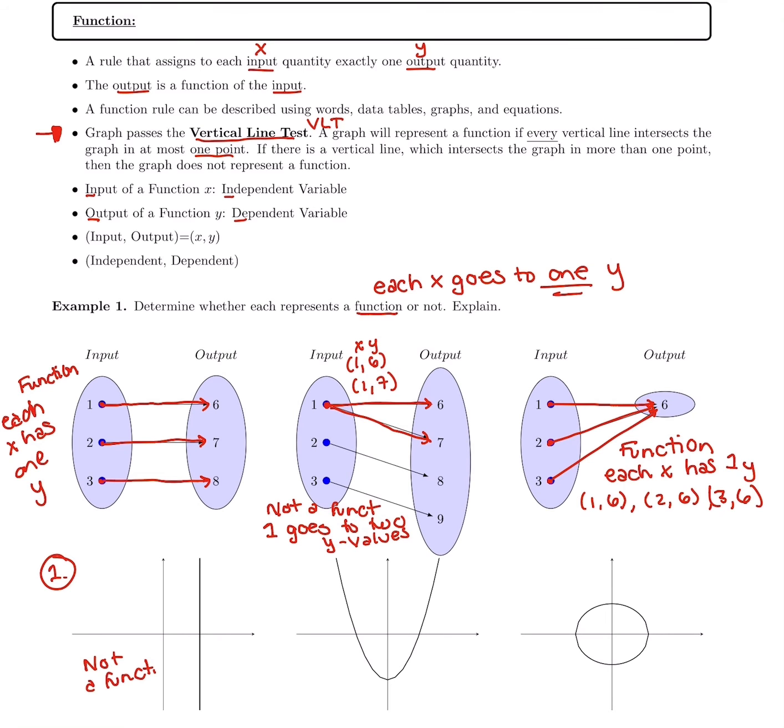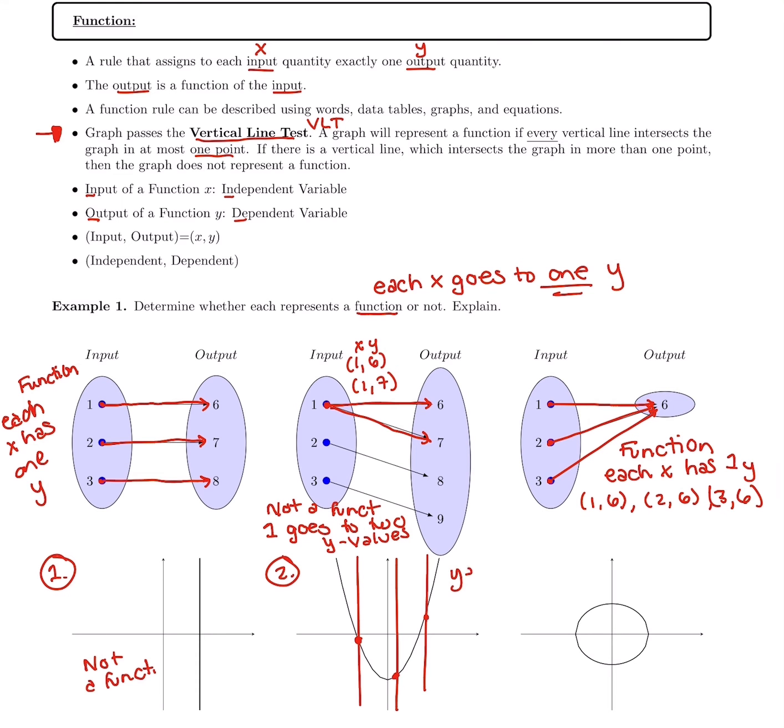If we try to draw some vertical lines on graph number 2 here, I'm only touching once. If I go through here, I'm only touching once. Everywhere I draw a vertical line, I'm only touching that function one time. So it looks like each x value has one y value.